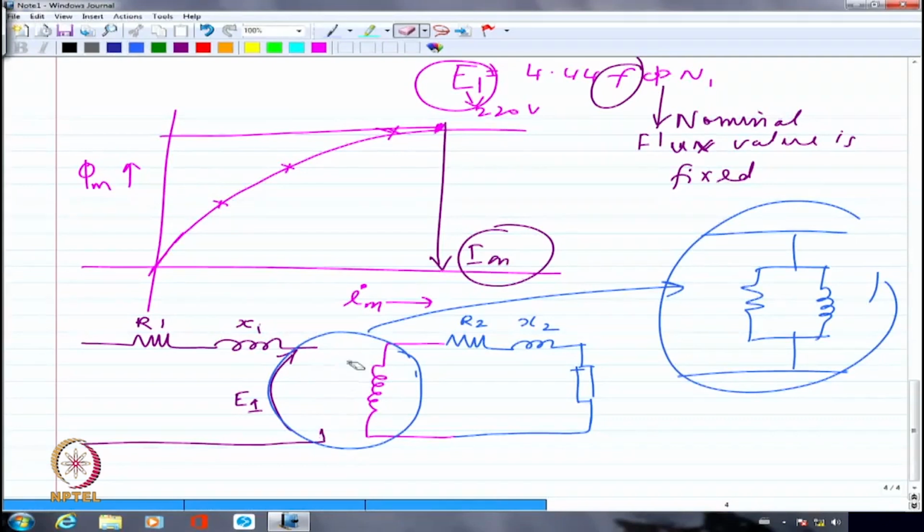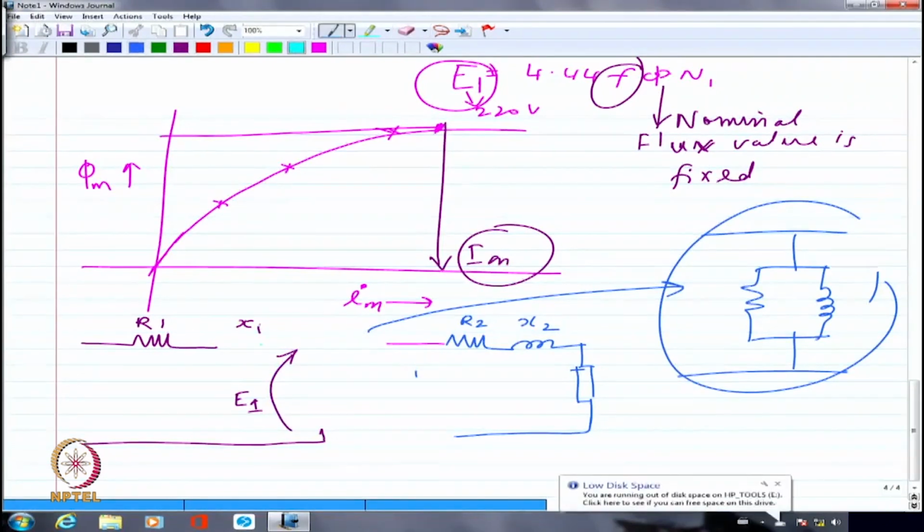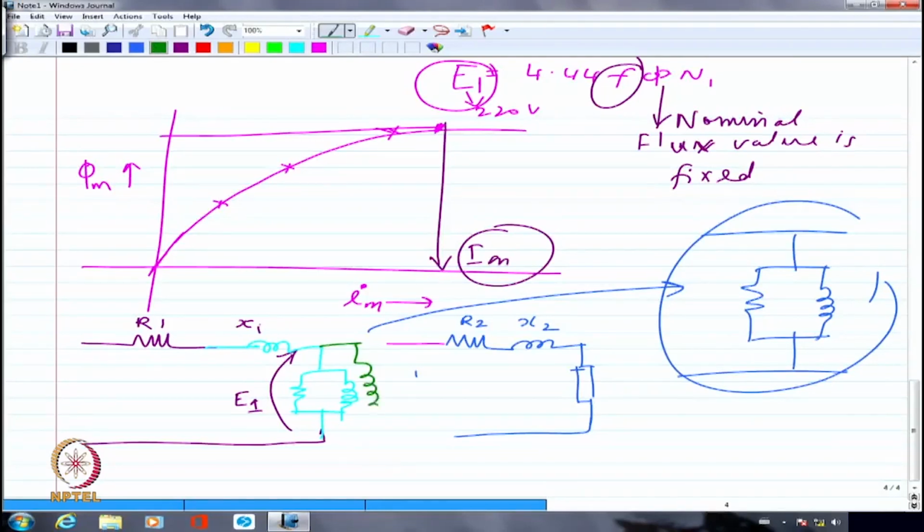I would erase this portion and I would show it as though, so I am connecting basically one resistance and one inductance here. Right? And now I will show the primary winding as an ideal primary winding. Right? And similarly, secondary winding, let me show as an ideal secondary winding with the core in between.